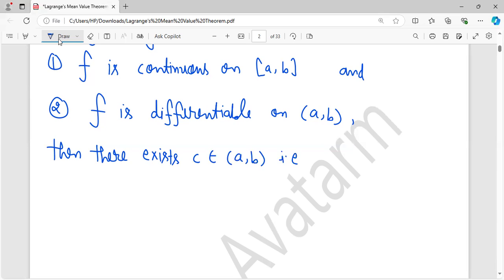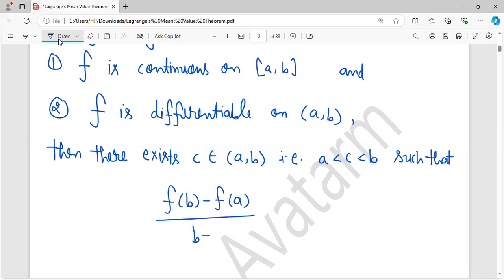It means c in between a and b such that (f(b) minus f(a)) upon (b minus a) is equal to f dash at c. Okay. So let's prove it.